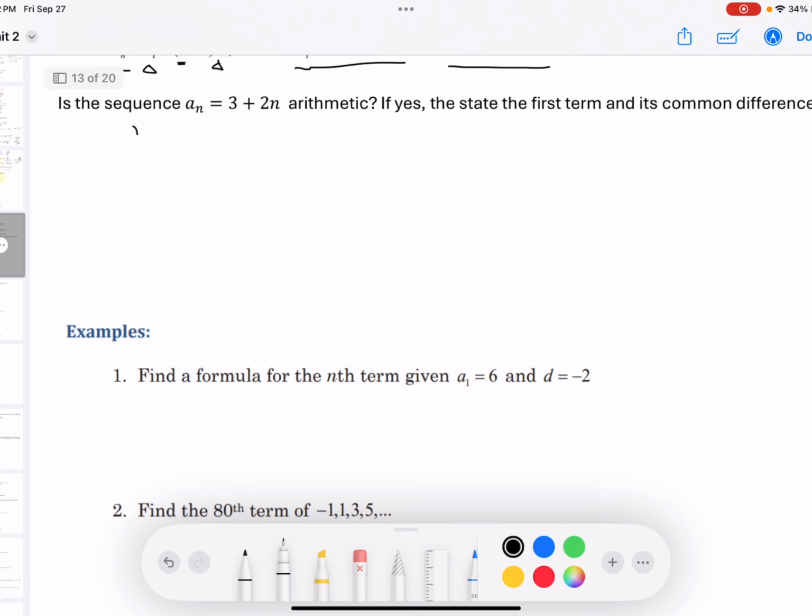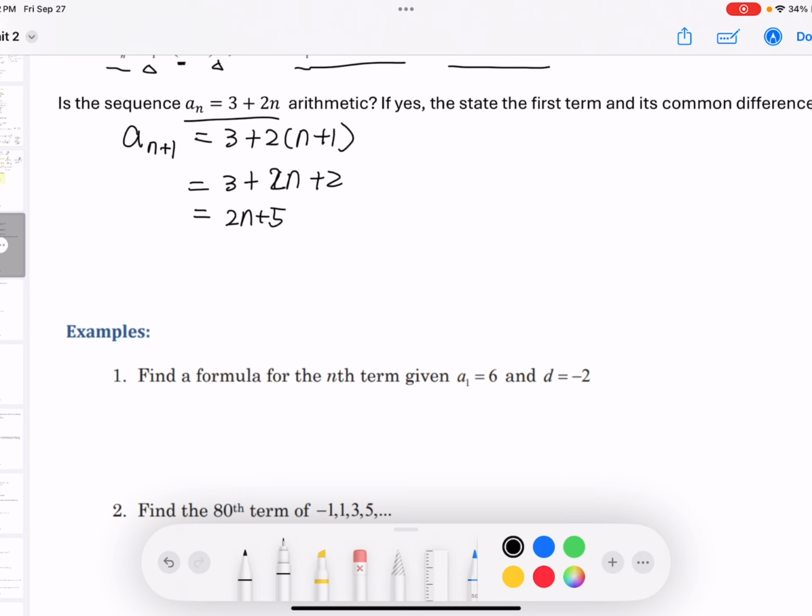A sub n is given. For a sub n plus 1, we replace the n with n plus 1, which is 3 plus 2 times n plus 1. Let's simplify this. It is 3 plus 2n plus 2, which is 2n plus 5.